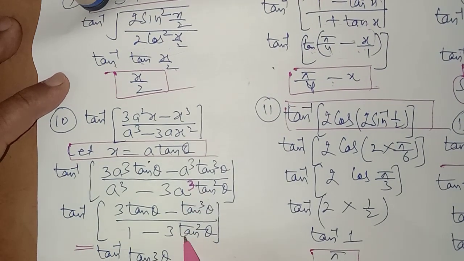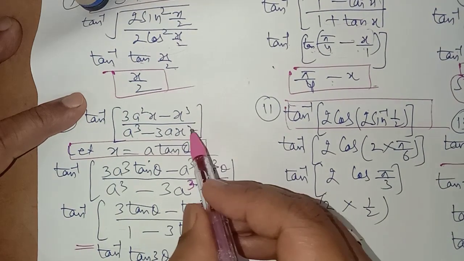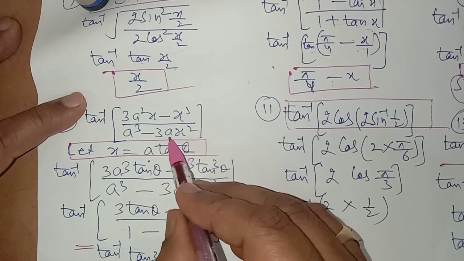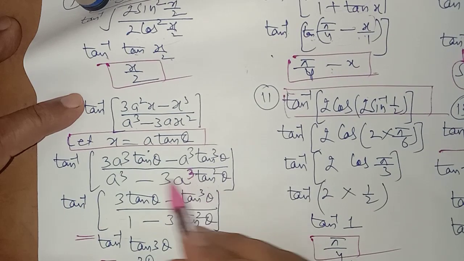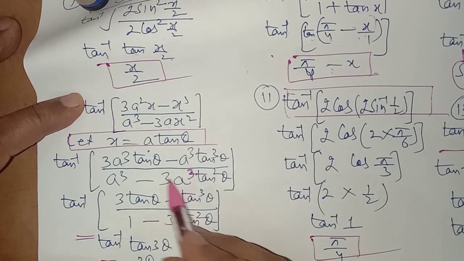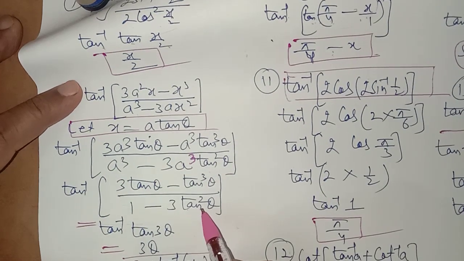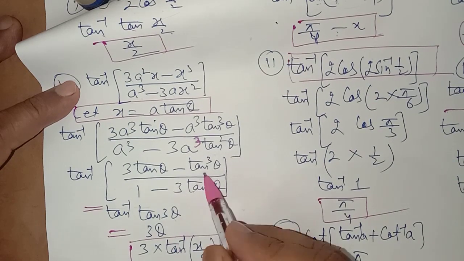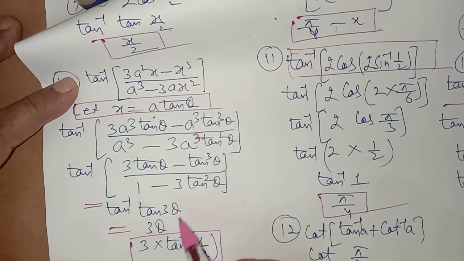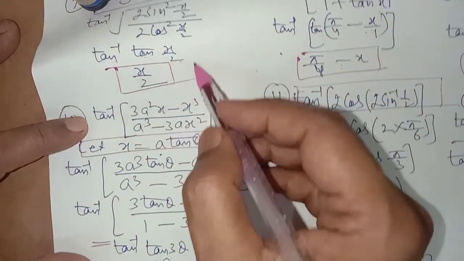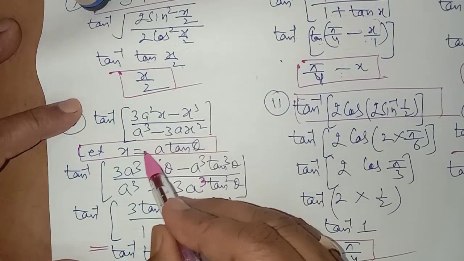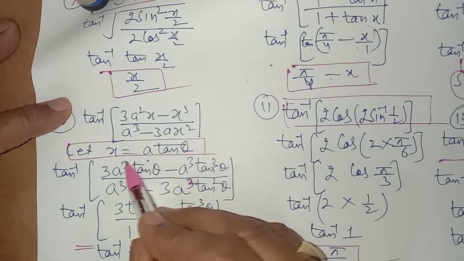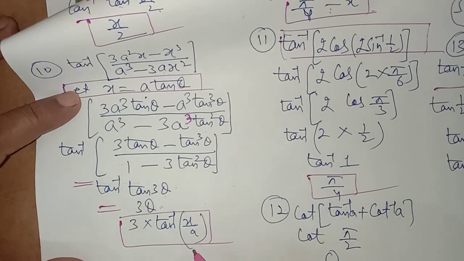It will cancel out. This is the formula for tan 3 theta. You should know it. If you don't know, learn it. Tan inverse tan 3 theta is 3 theta, and the value of theta you will get from here. Tan theta will be equal to x upon a, and theta will be tan inverse x upon a. See it carefully.